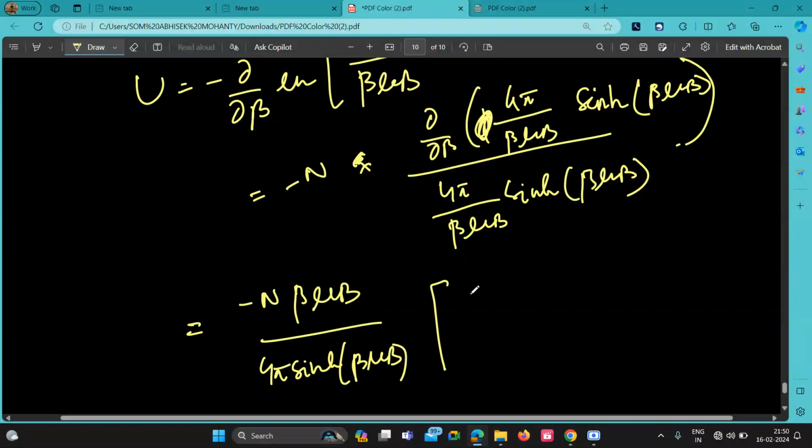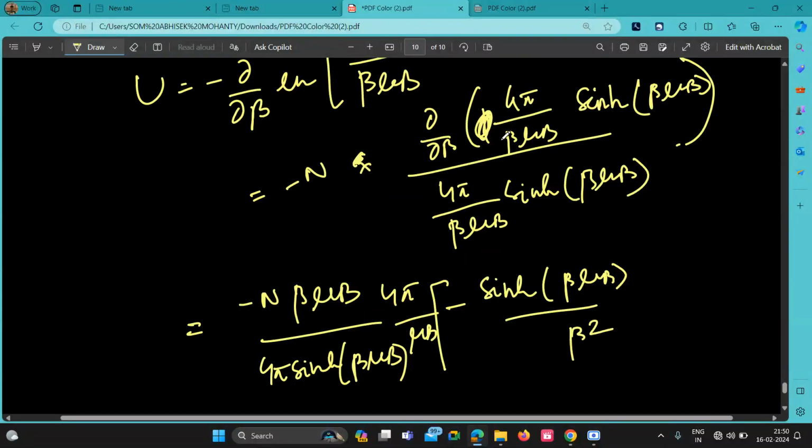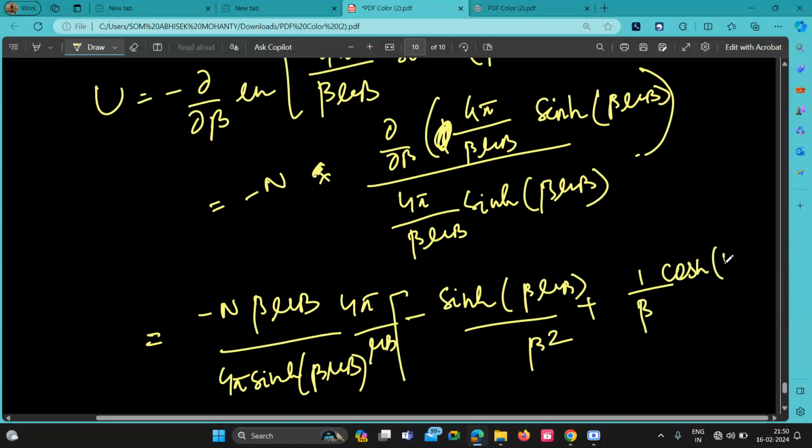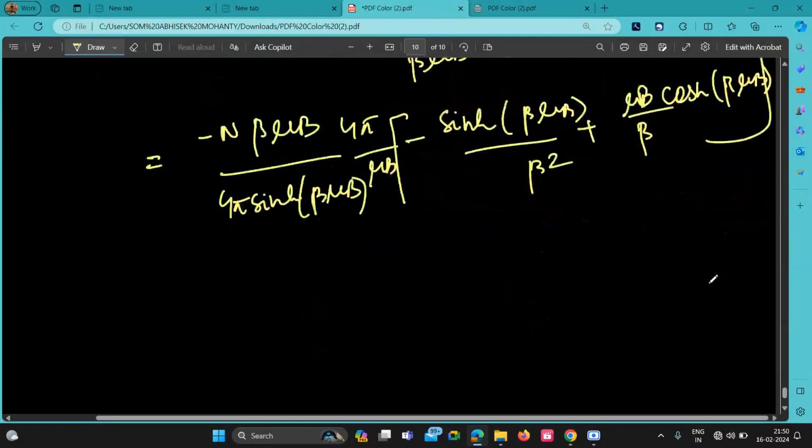If you take the constants of 4 pi by mu b, it will be like minus sinh beta mu b by beta square, derivative of this one, plus 1 by beta cosh beta mu b, constants mu b. This will be the answer.